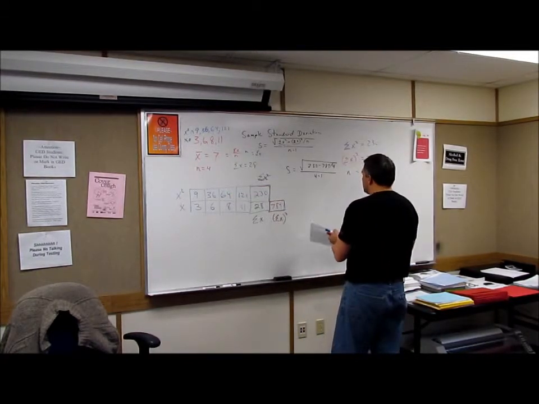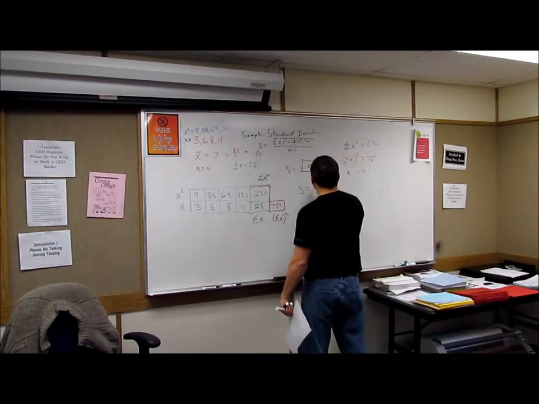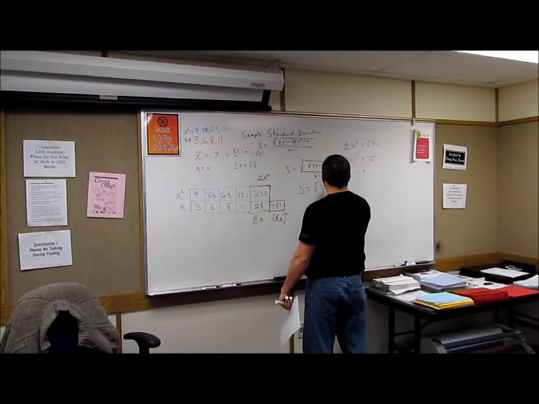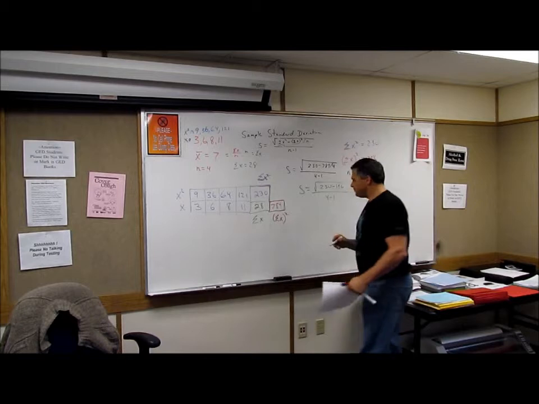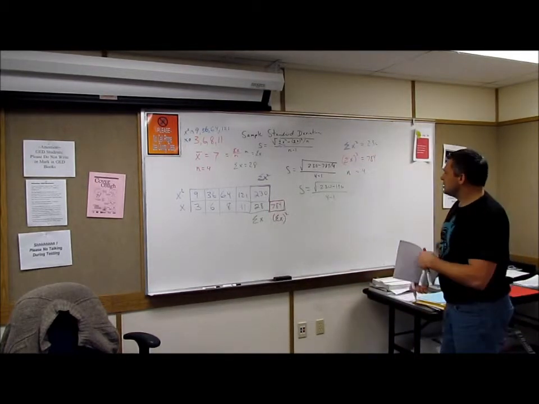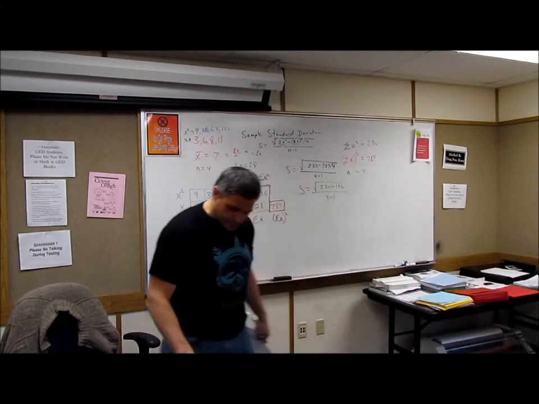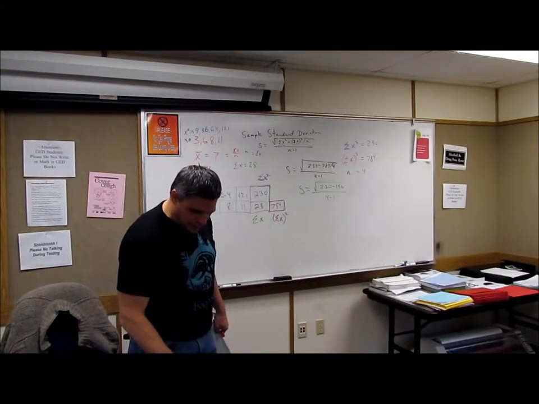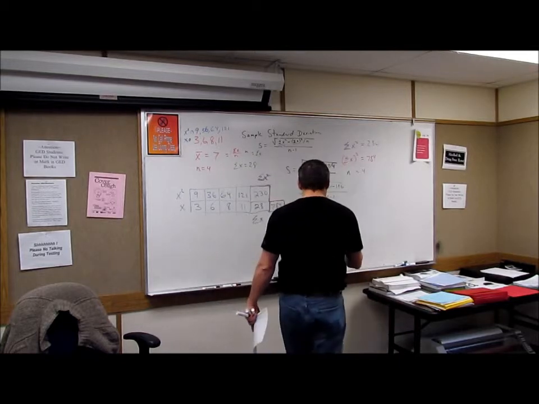Okay? So now I've got s is equal to the square root of 230 minus 196 all over 4 minus 1. And then I subtract 196 from 230. 230 minus 196, I get 34.